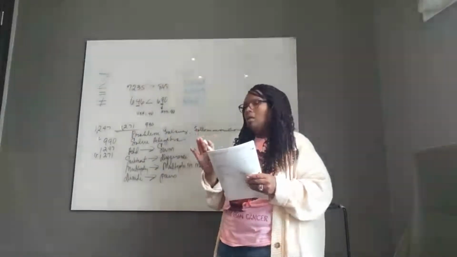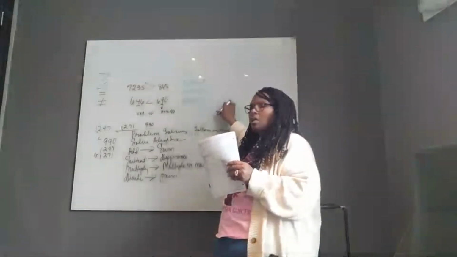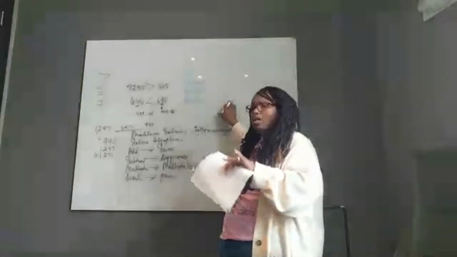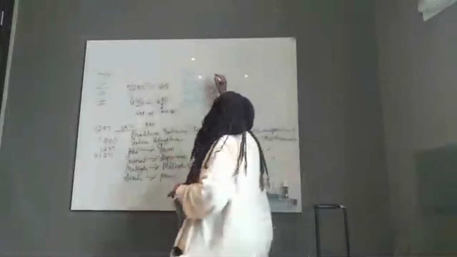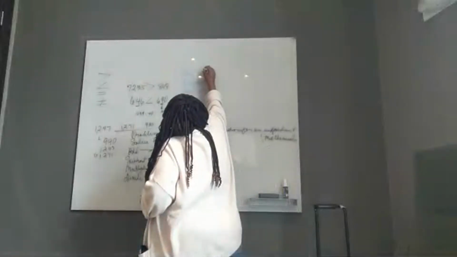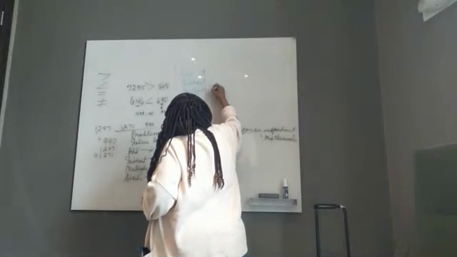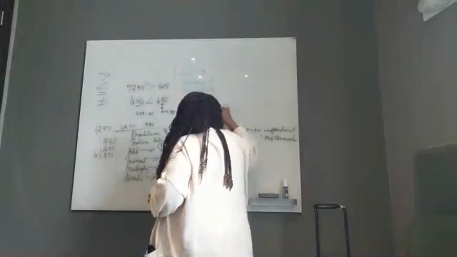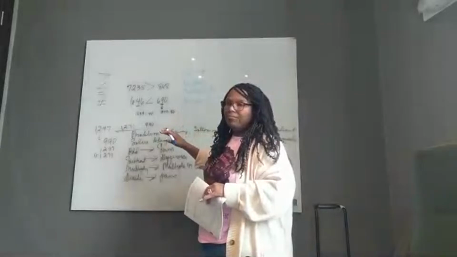Okay, again, listen to me. You understand now how to synonymize terms. Okay, we know that this is the symbol for add. This is the symbol for subtract. This is the symbol for multiply. This is the symbol for divide, okay? These are what they are.